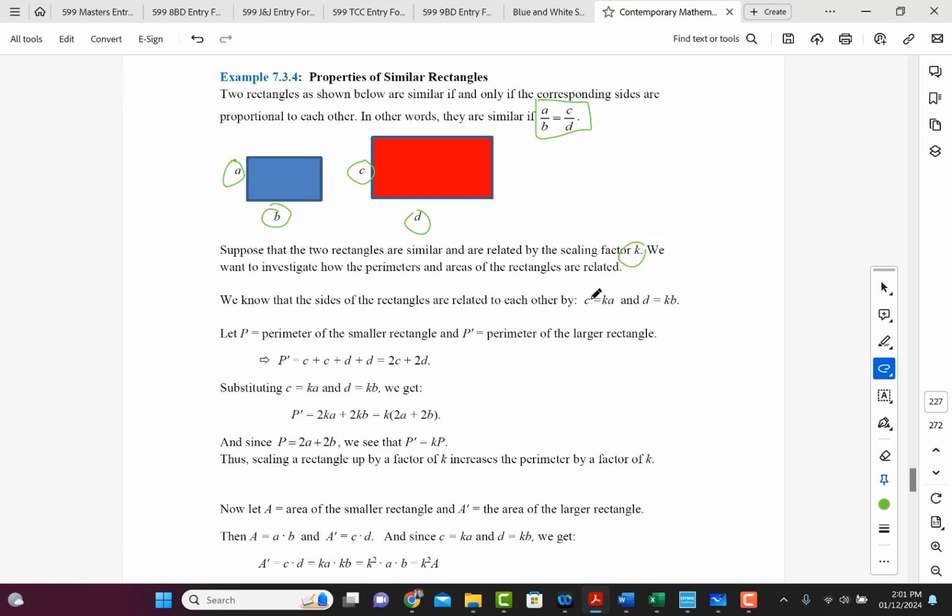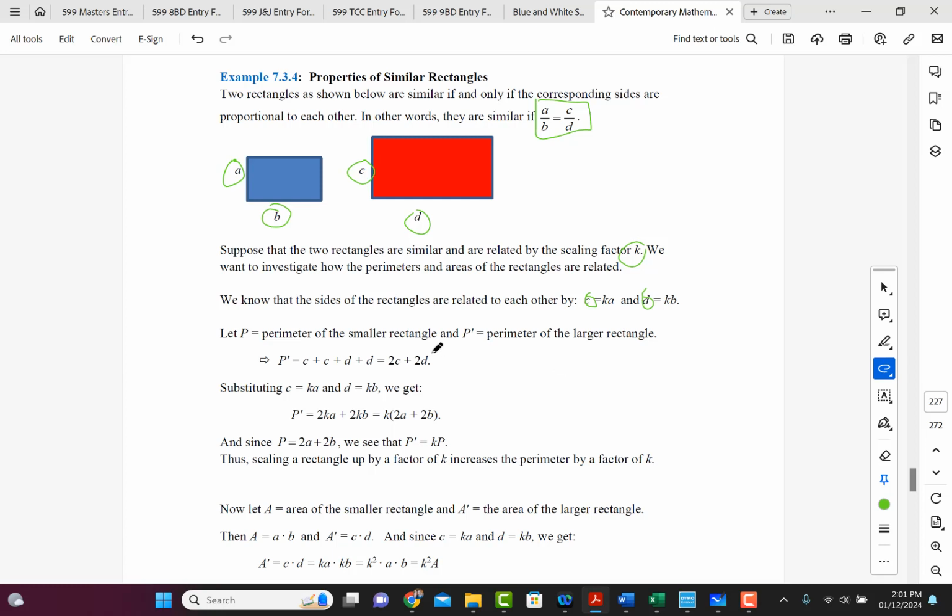That means C has to equal some multiple of A, and D has to equal some multiple of B. Because if the fractions are equal, we should be able to go from one fraction to the other by some multiple.